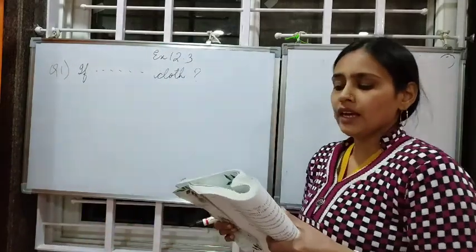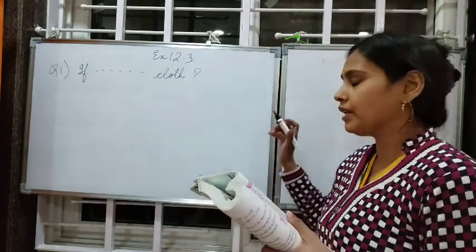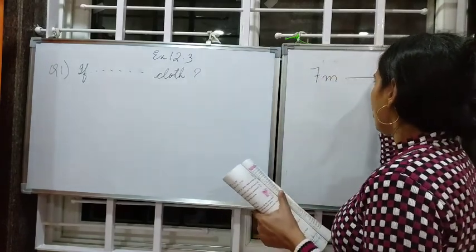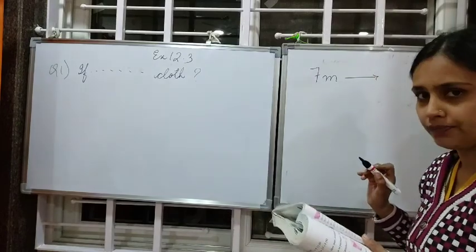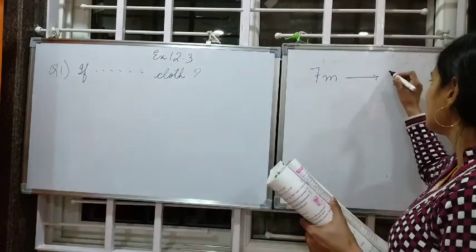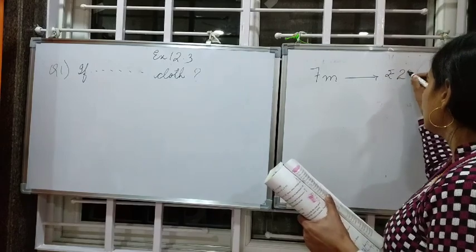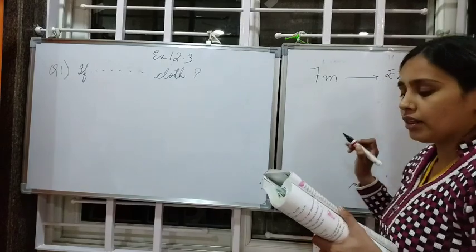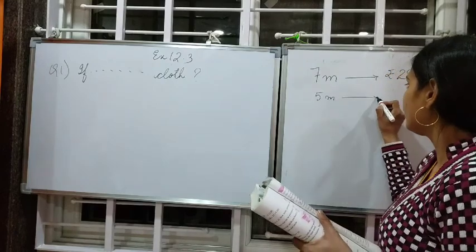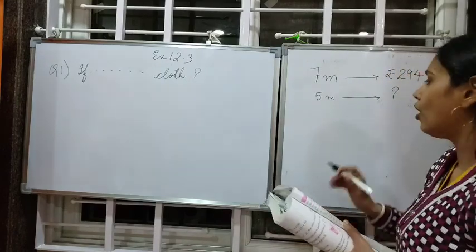If the cost of 7 meters of cloth is rupees 294, then find the cost of 5 meters of cloth.